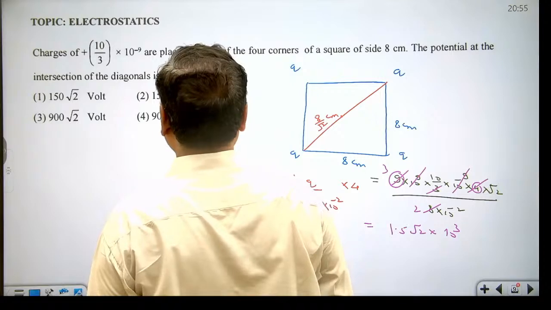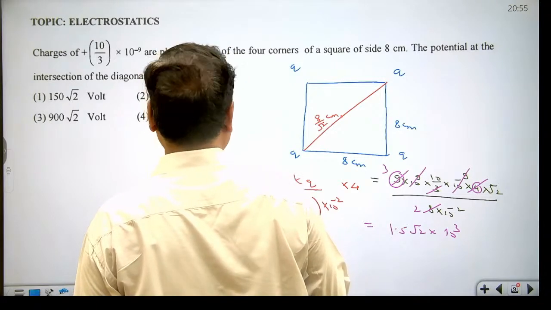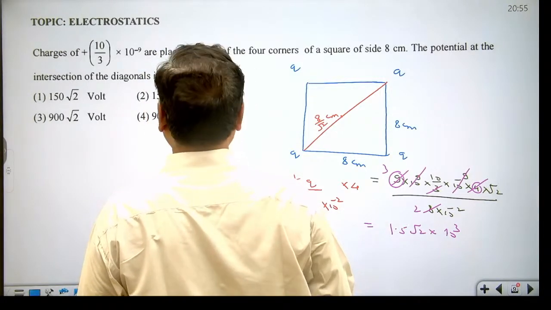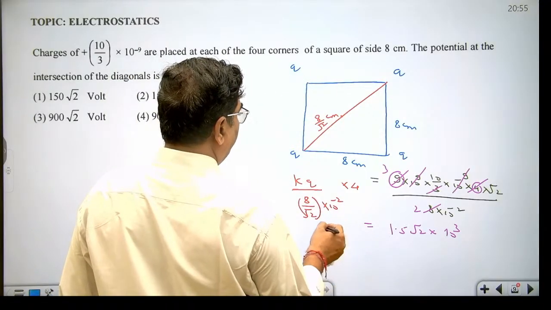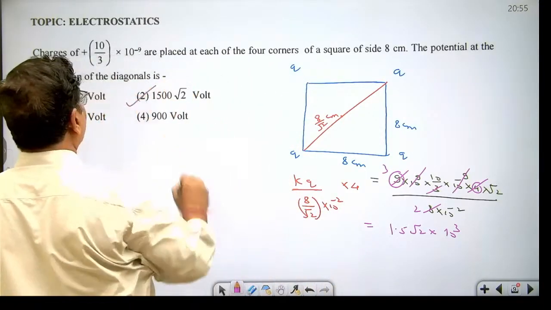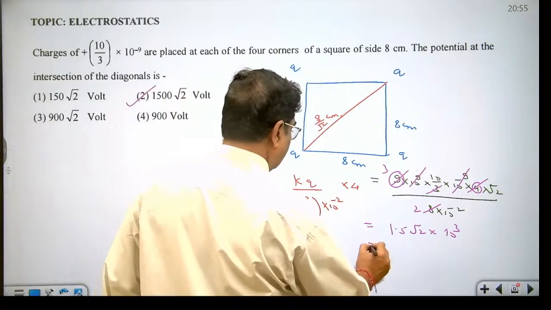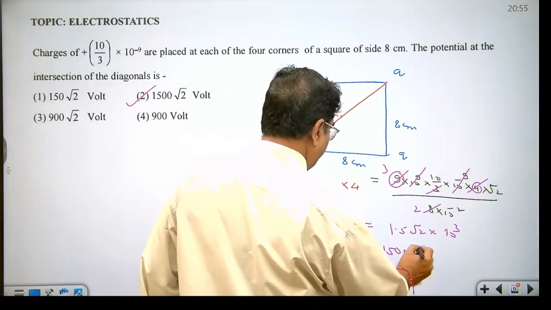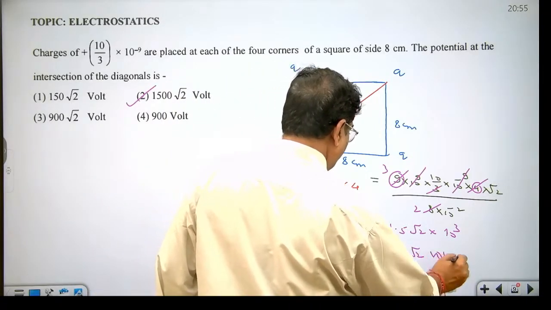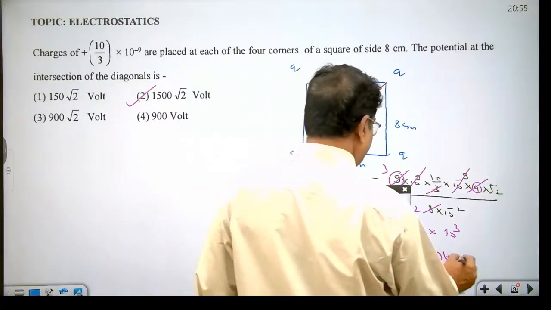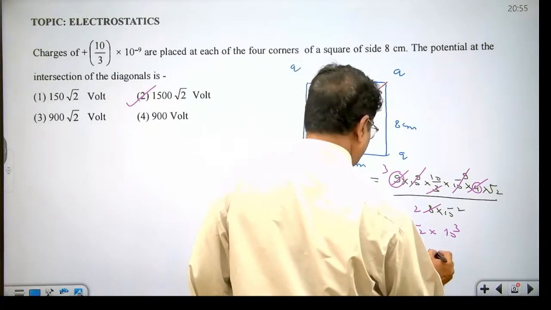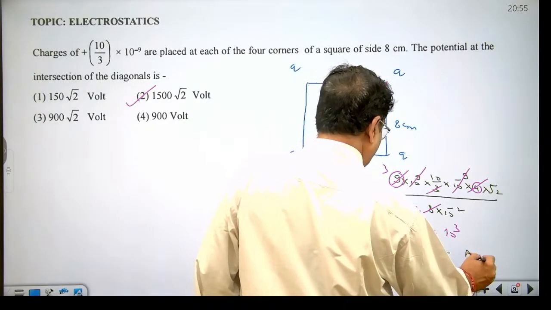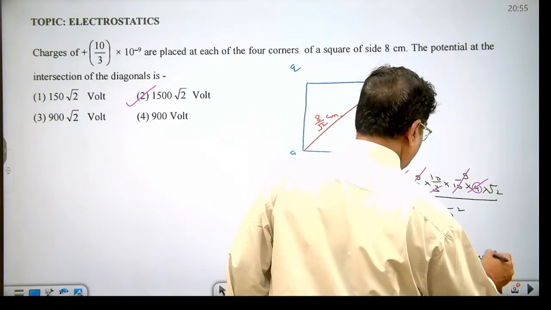Root 2 means 1.414, so 1500 root 2. So option 2 is the correct answer. 1500 root 2 volt. Out of 4 choice, the correct choice is option 2.